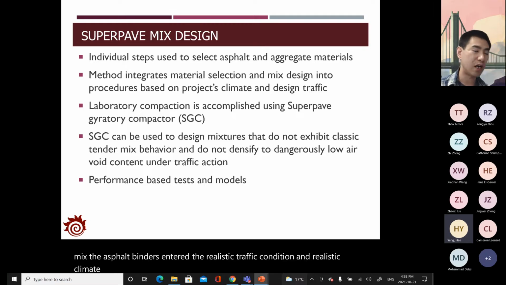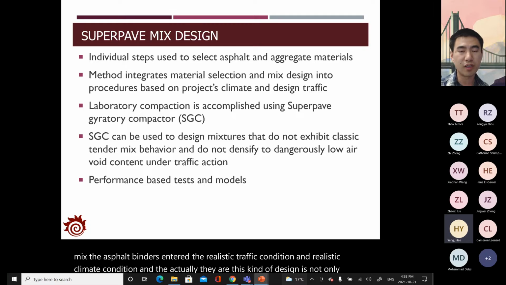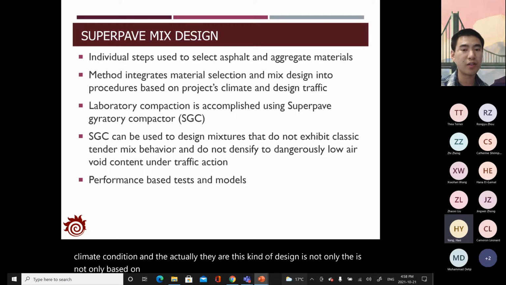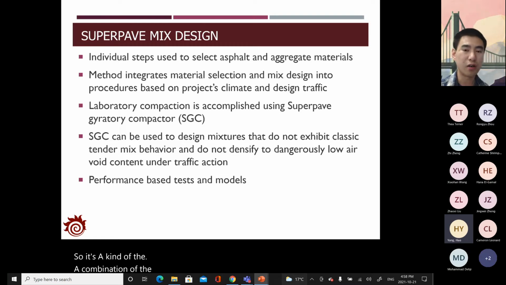And actually this kind of design is not only based on empirical information. It's also based on some physical models. So it's a combination of the mechanical method and the empirical method. This is the combination.